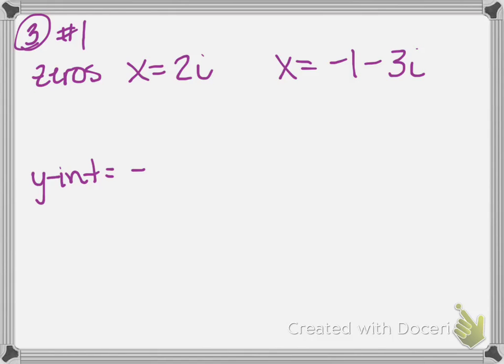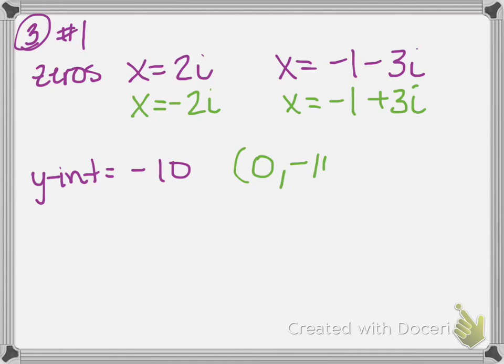Y-intercept is negative 10. So what they're not telling you here is that you also have a 0 at negative 2i, because it's imaginary, so you have the conjugate. And you also have a 0 at negative 1 plus 3i, because again, it's imaginary, so you have the conjugate. And the y-intercept is negative 10, which means you have an x value of 0 and a y value of negative 10.